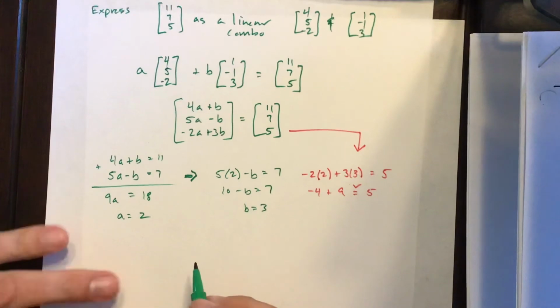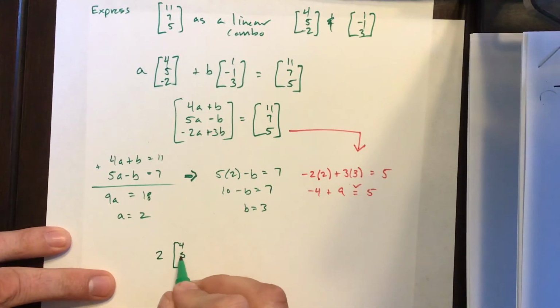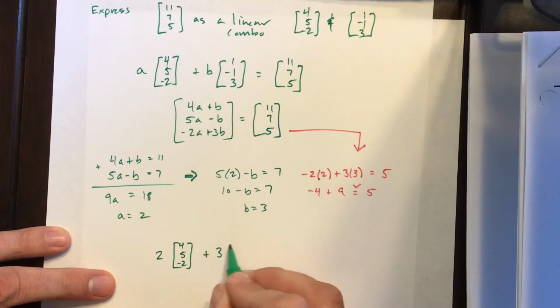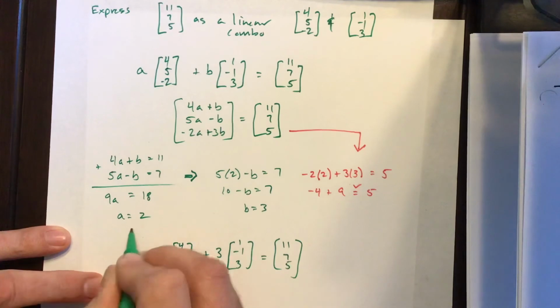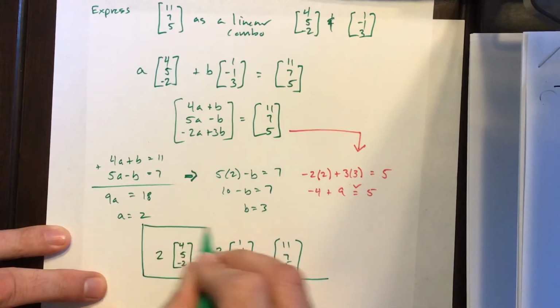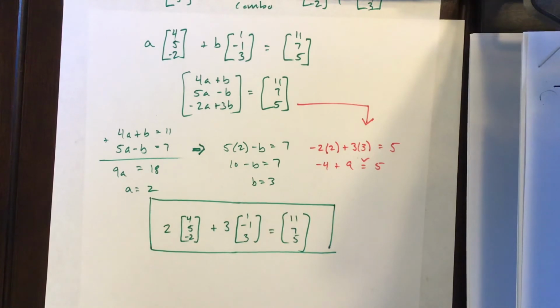So I can say that 2 times 4, 5, negative 2 plus 3 times 1, negative 1, 3 is equal to 11, 7, and 5. And so that is the linear combination of the given vectors that produces 11, 7, 5.